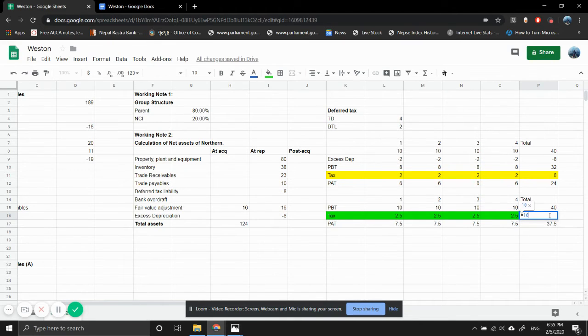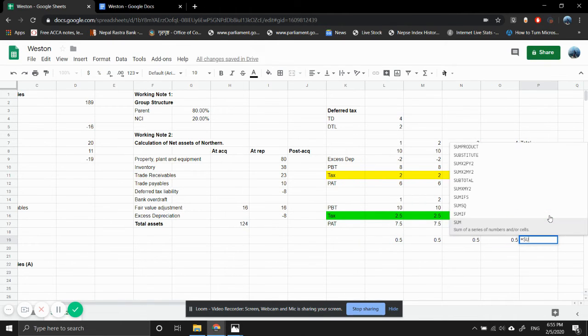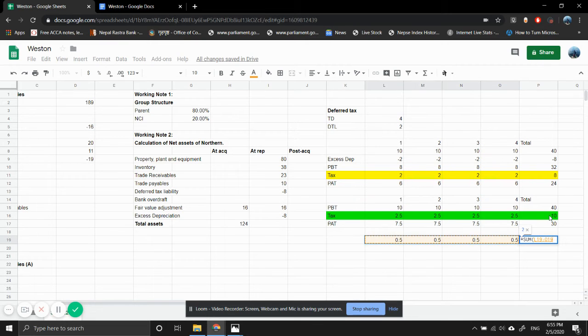It's this into 0.25, right? So the difference is 0.5 every year, right? So that means in 4 years it will be this figure minus this figure, right? Copy, paste, paste, paste. If I add all this up, it will be 2, right?